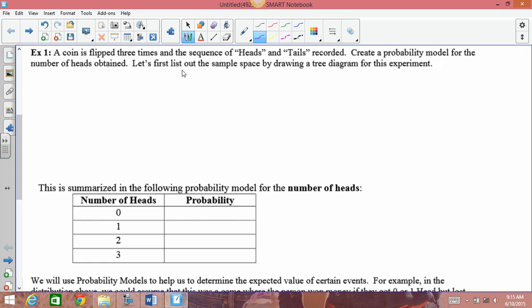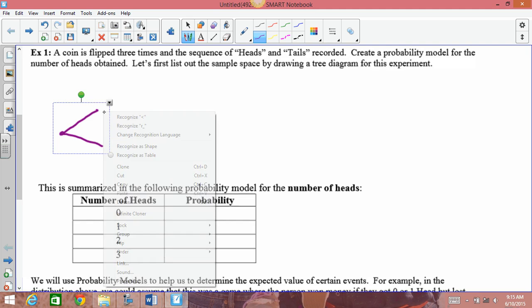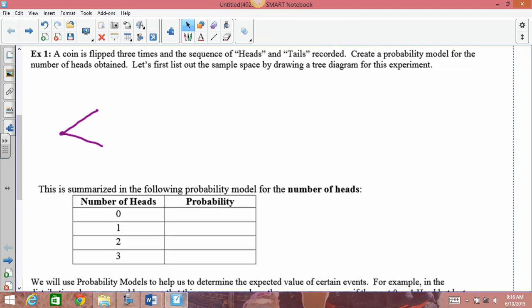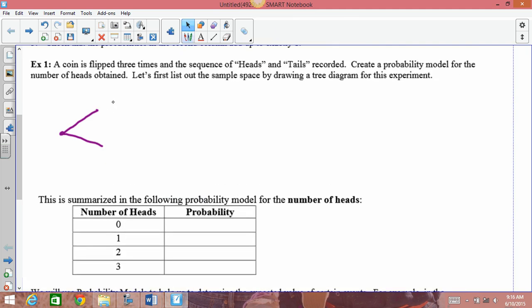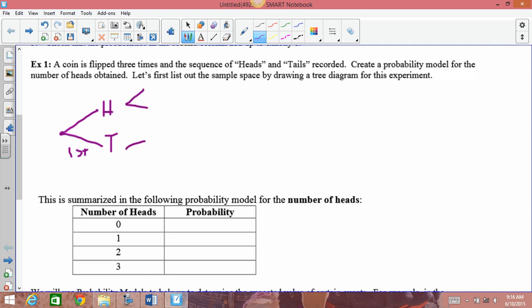And so let's first list out our sample space. I think a tree diagram is helpful, so we'll do our first coin toss, and of course we can get heads or tails. And so again, that's the first coin toss. If I go to toss it the second time, then I'm branching off from each one of those, and I can get heads or tails.